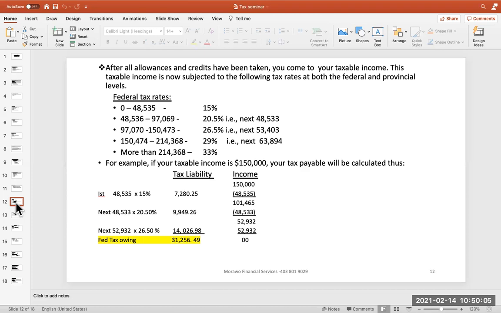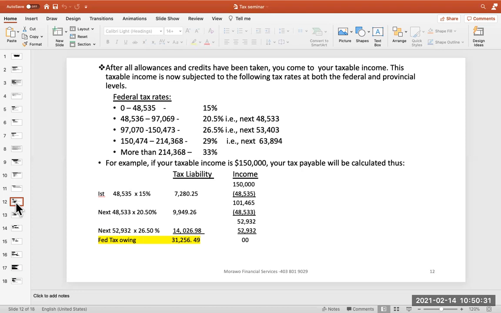Okay. Then, oh, you're making more. You go beyond that, they say, okay, the next $53,403, you pay 26.5%. Because as we said, the system is progressive. The more you earn, the more you pay. Oh, you are earning far, far more beyond that.